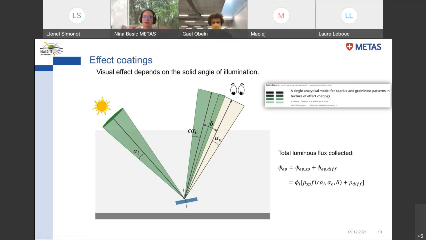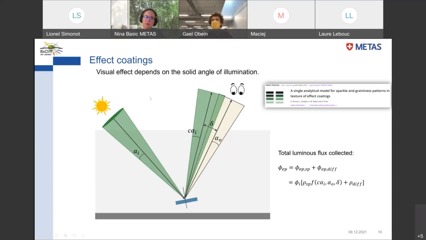And here comes this distinction between going from the sparkle to the graininess. Because when we have these small solid angles of illumination, we're limited in how many of these sparkles we're seeing, because we're limited by these reflected solid angles.